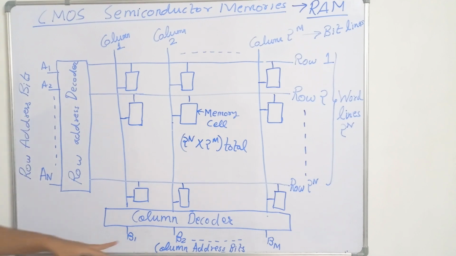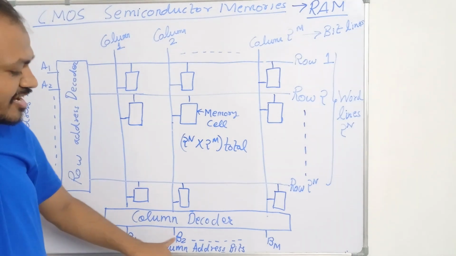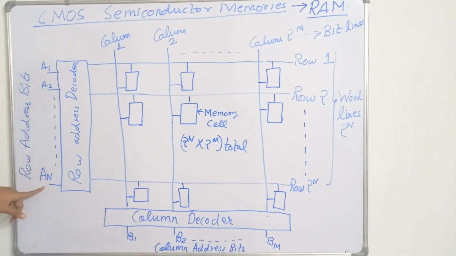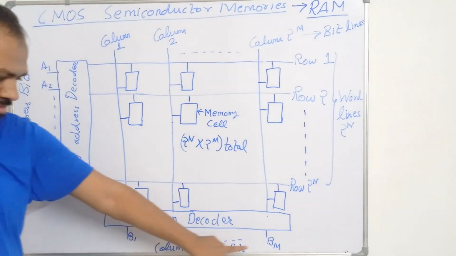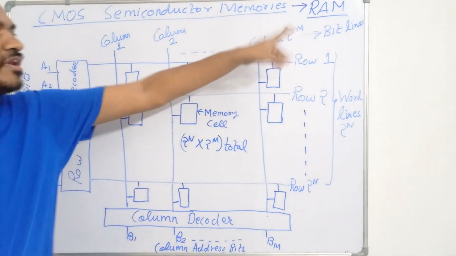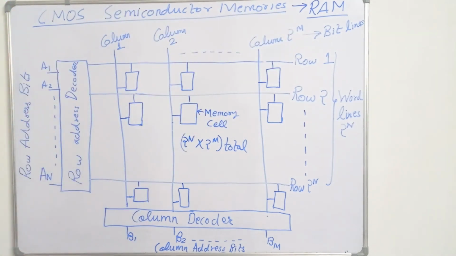And similarly, based on the column address bits b1 b2 up to bm, these are the column address bits, and a1 a2 up to an, these are the row address bits. Based on these address bits, the column decoder will select the particular bit line. So this way this whole circuit works. And once a memory cell or a group of memory cells are selected in this fashion, a data read and write operation may be performed.